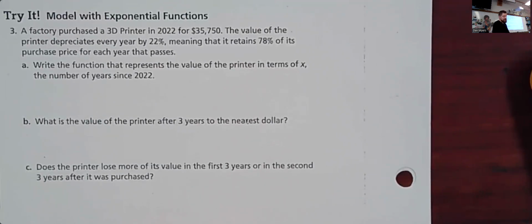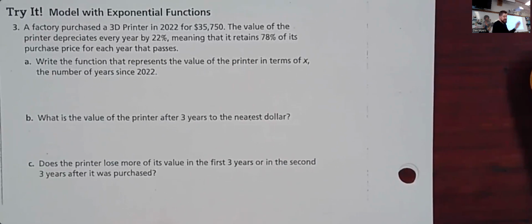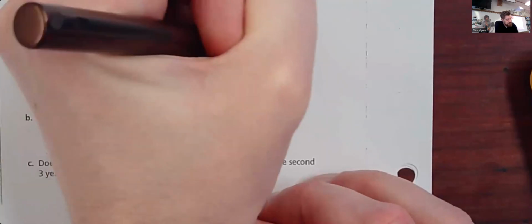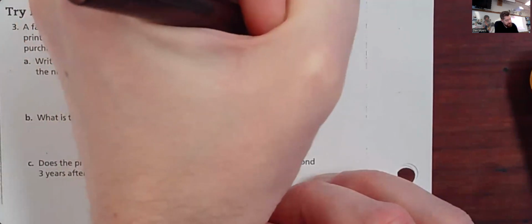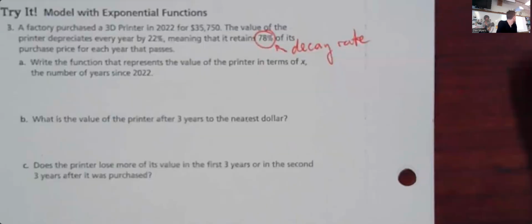The value of the printer depreciates every year by 22%, meaning that it retains 78% of its purchase price for each year that passes. This is the decay rate. That is the rate of decay.